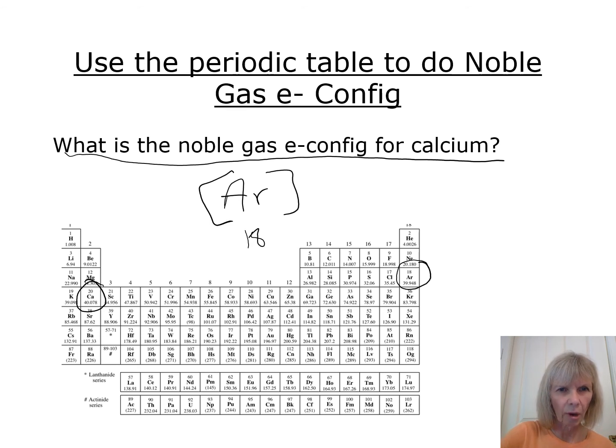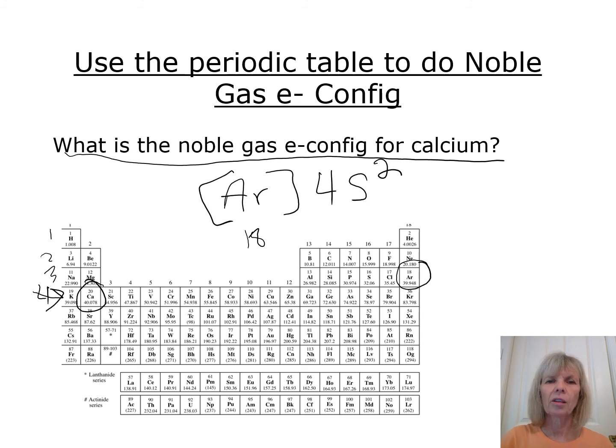Calcium has a total of 20. So we're going to count what period it's in. So we go down 1, 2, 3, 4. And then the second column is S2. So it's argon 4s2, and this would represent our 2 electrons for a total of 20 electrons.